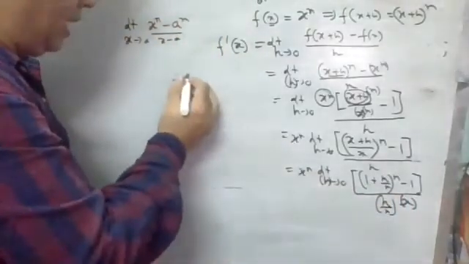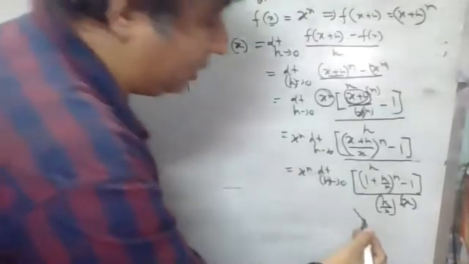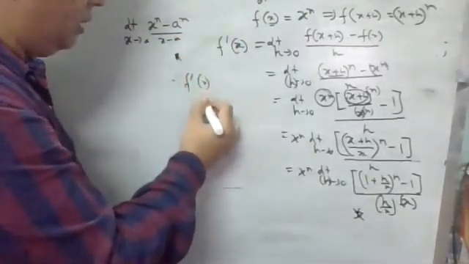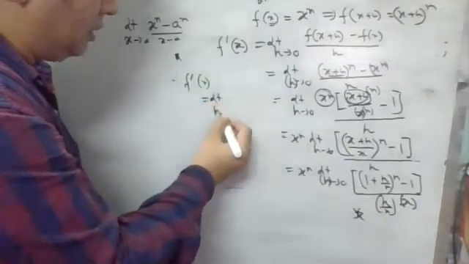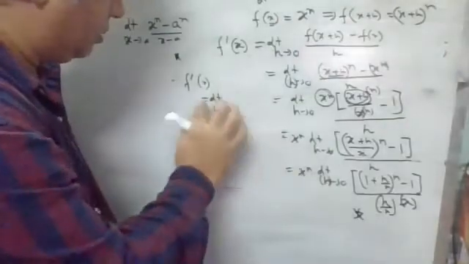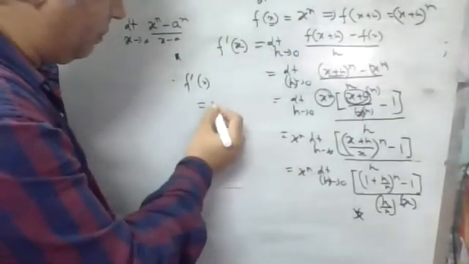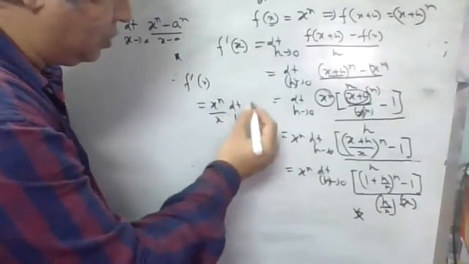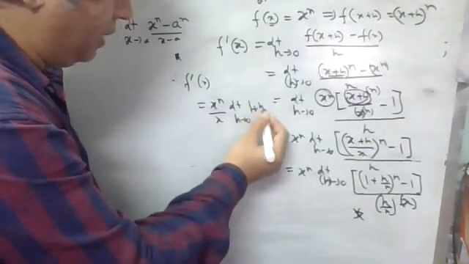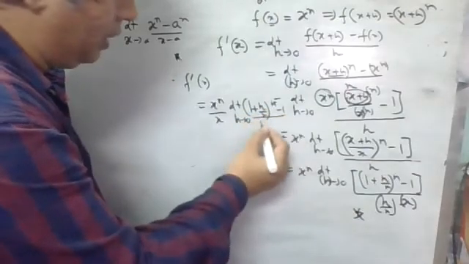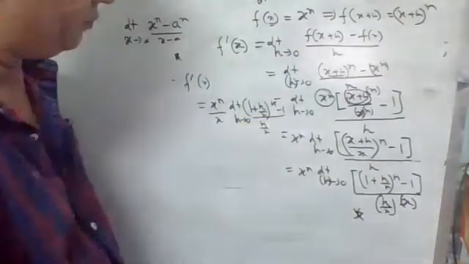So in the next line I can write f'(x) equals x^n by x, limit h tends to 0, ((1 + h/x)^n - 1) / (h/x).